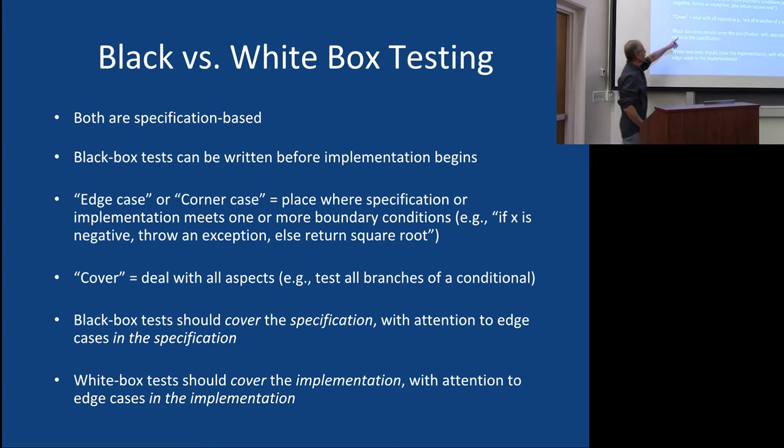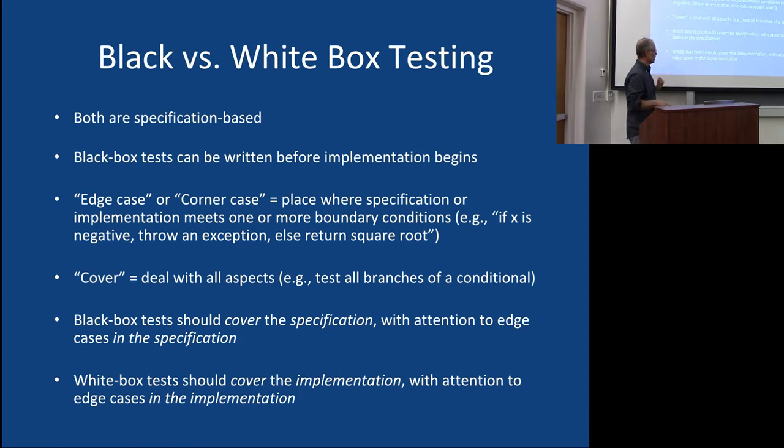And when we use the term cover, that means when we say that these tests cover the code in some way, or cover the specification, it means they deal with all aspects of it. So black box tests should cover the specification. So they should test all aspects of the specification, and where you should look for edge and corner cases is in the specification. So the specification is going to say, do this if it's greater than 2, this if it's less than 2.